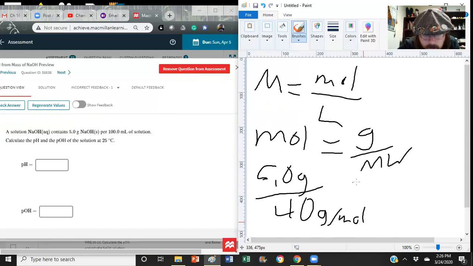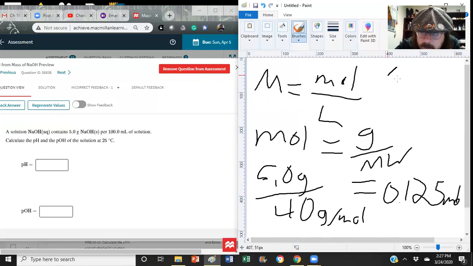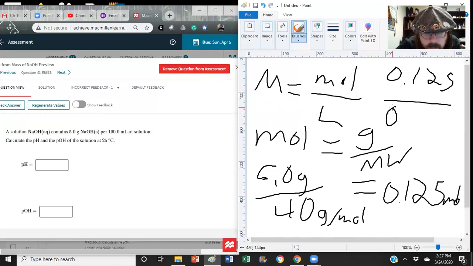So you can find our moles. Pretty straightforward, 5 divided by 40. It's like 0.125 moles. Our molarity is thus 0.125 divided by liters, so 0.100 liters.